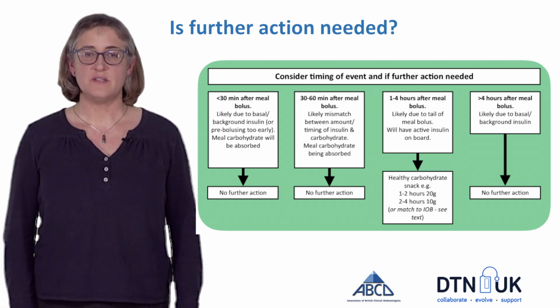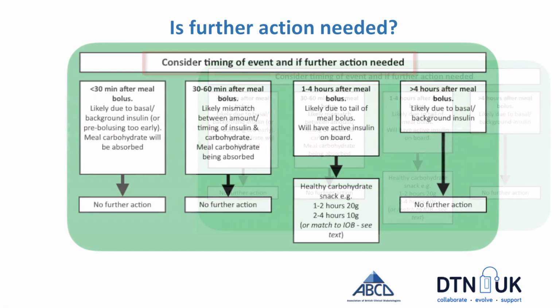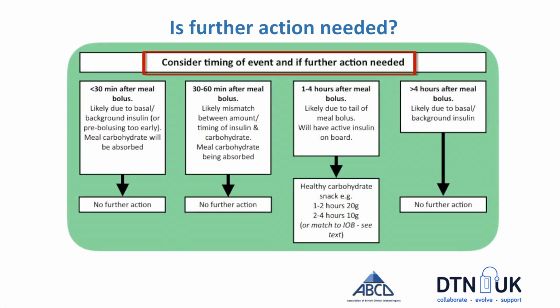So what you do next depends on the timing of the hypo or near hypo in relation to your last meal. So if your last meal bolus was less than 30 minutes ago, then your hypo was probably due to the basal insulin, and the hypoglycemia avoidance or treatment with quick-acting carbohydrate should be enough.